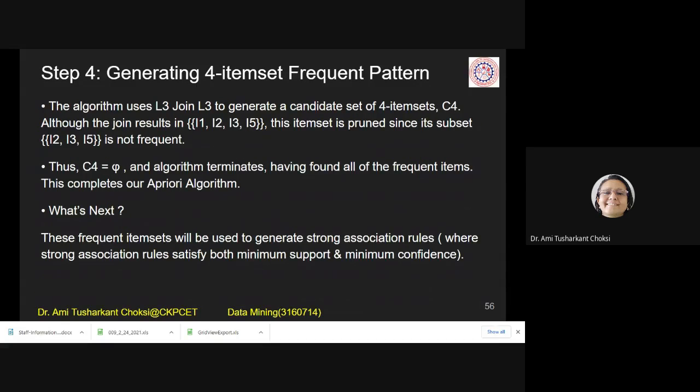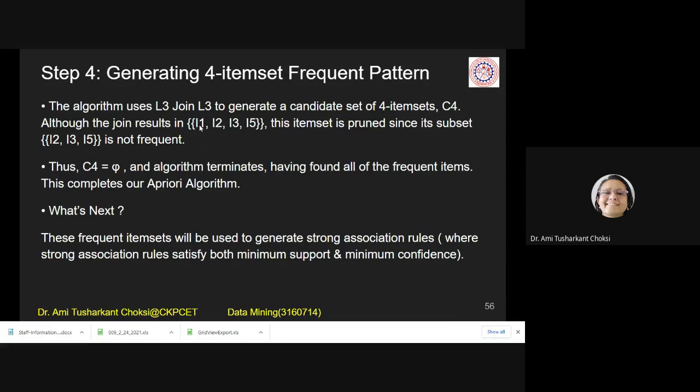So let us check it out. For C4, I1, I2, I3, I5, joining L3 with L3, we get this. For this item set, are all the subset item sets also frequent? Let's check.